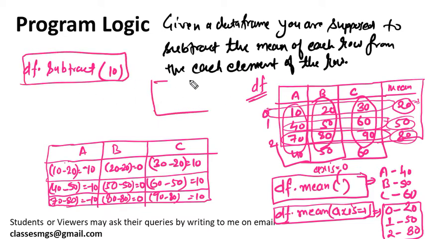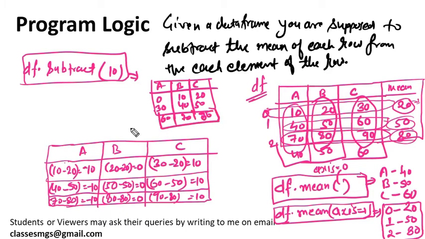So what will be the output? For columns A, B, C, the output will be 0, 10, 20, 30, 40, 50, 60, 70, 80. Like this, from each element of the data frame it will subtract 10. This is the case if you want to subtract a single value from the complete data frame.